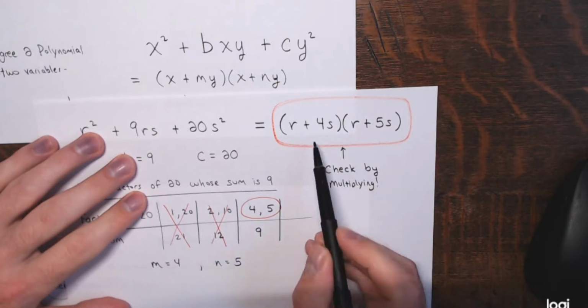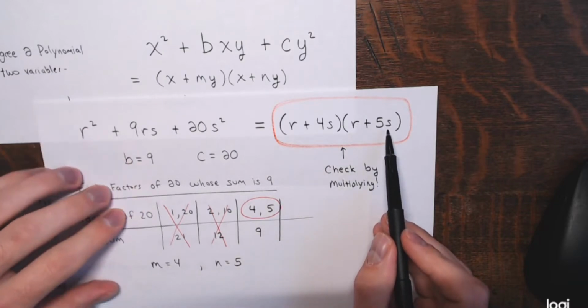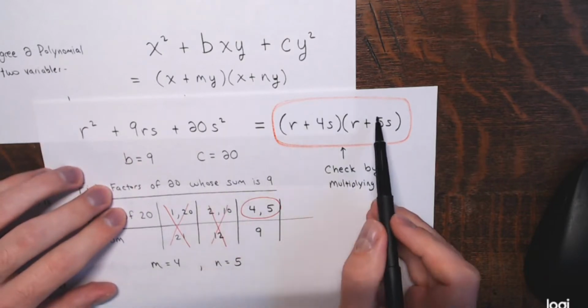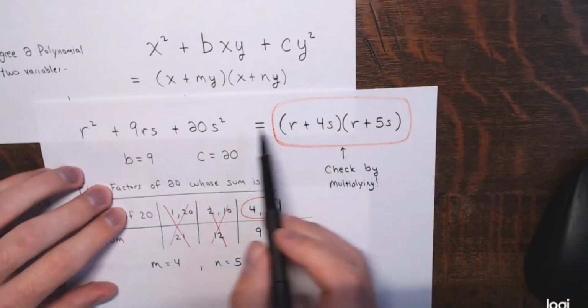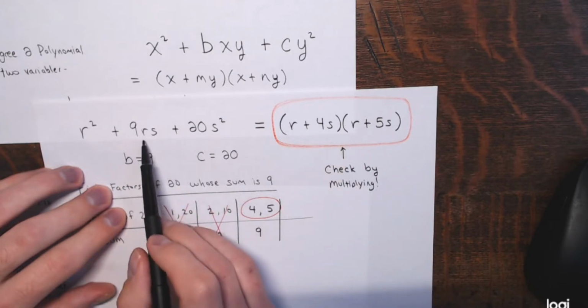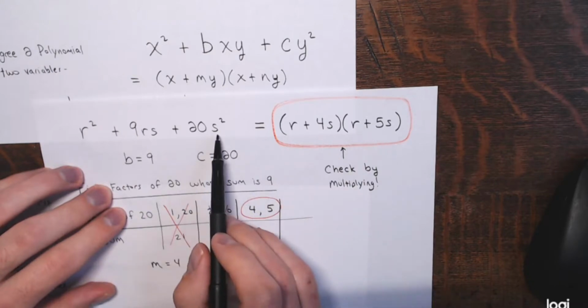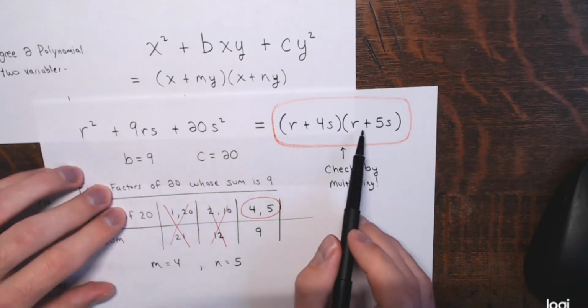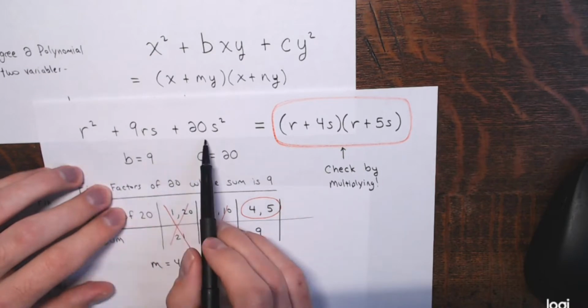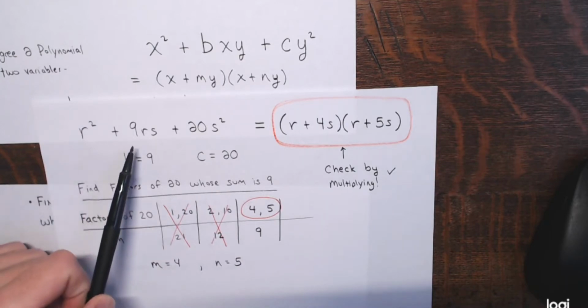If you multiply r plus 4s by r plus 5s, distribute the r, distribute the 4s, you'd get r squared plus 5rs and then plus 4rs, making plus 9rs when you combine like terms, and then plus 20s squared. So multiplying these two gives me the original back. So this works. That is the correct factorization. And that's how you check any factorization.